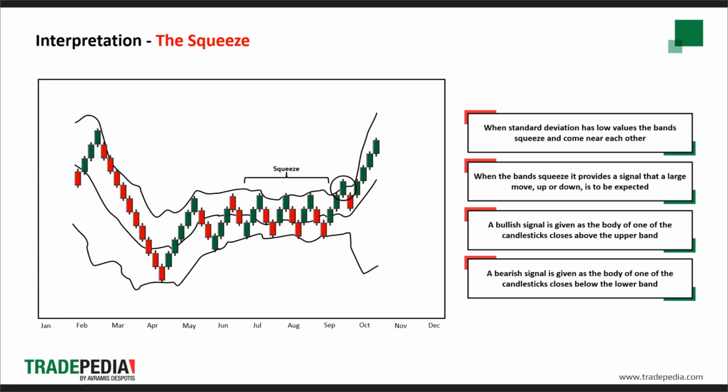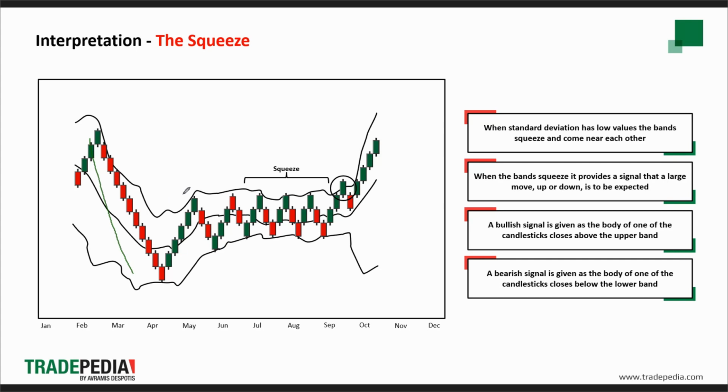Okay, so this was the squeeze that I was mentioning just now. The squeeze is when standard deviation has a low value, when the bands squeeze and come near each other, implying low volatility.